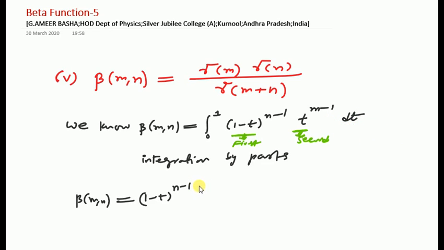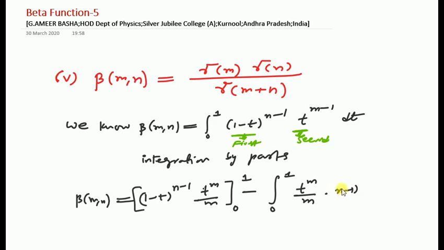So with that I have t power m by m. Remember, limits will be, lower limit is 0 and upper limit is 1. Then minus integration of, the integration of the second term, t power m divided by m into differentiation of the first term. Differentiation of the first term, that is x power n differentiation, n into x power n minus 1, that is n minus 1 into x power n minus 1.